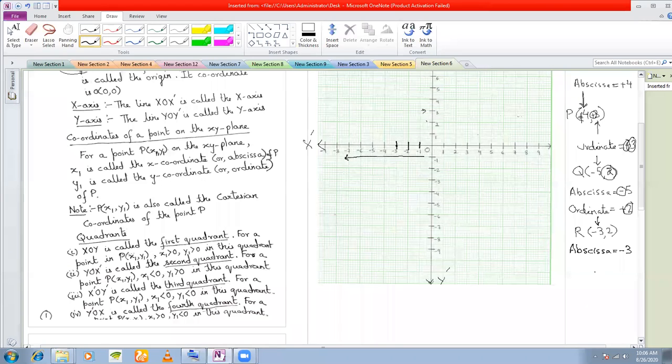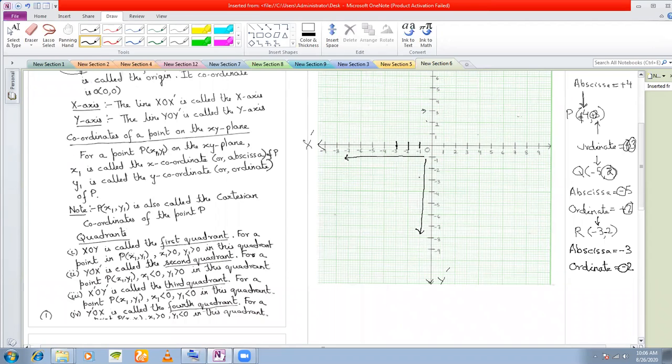Now we look at the y coordinate, or the ordinate. The ordinate here is -2. So you see clearly the ordinate is negative. That means we have to move in the negative direction of y. And how many units do you have to move? Only 2 units of distance.